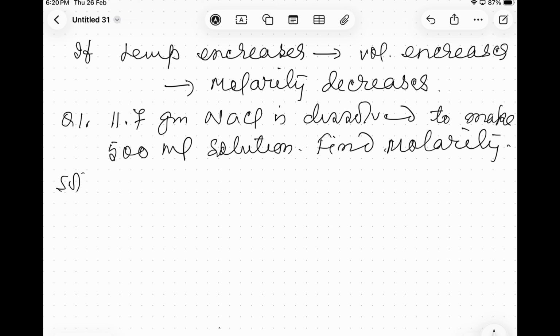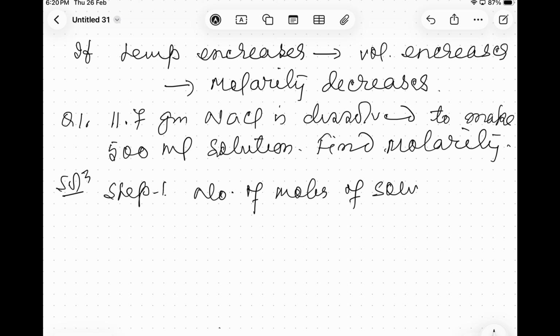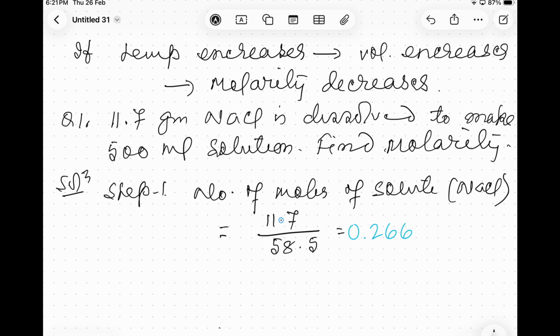To answer this question, step 1: number of moles of solute, that is NaCl, is equal to 11.7 by 58.5, because molar mass of NaCl is 58.5, and on division we will get 0.2 moles.